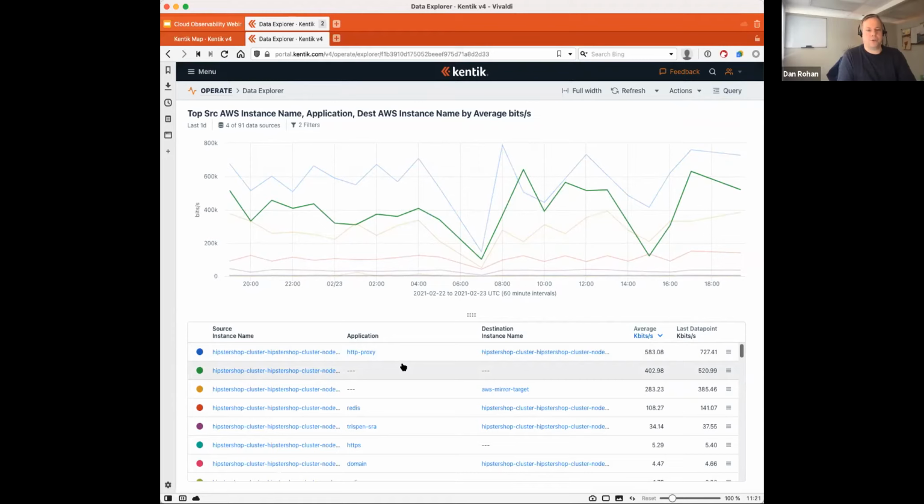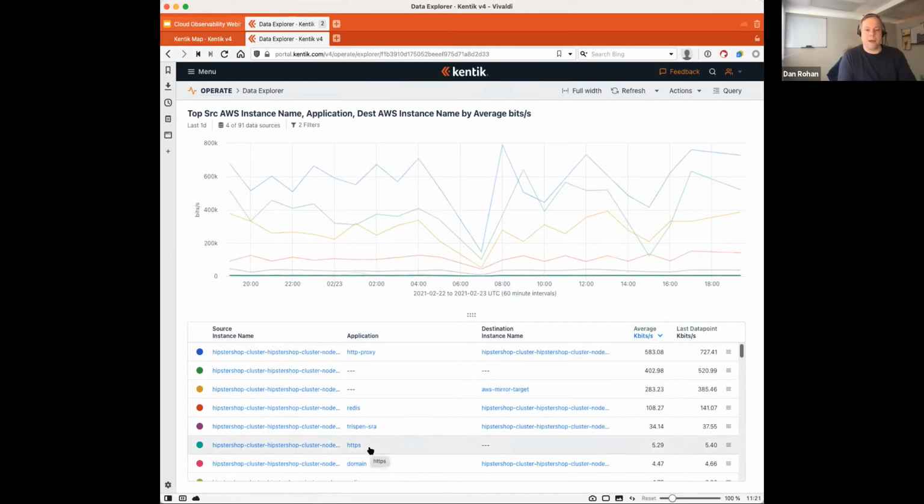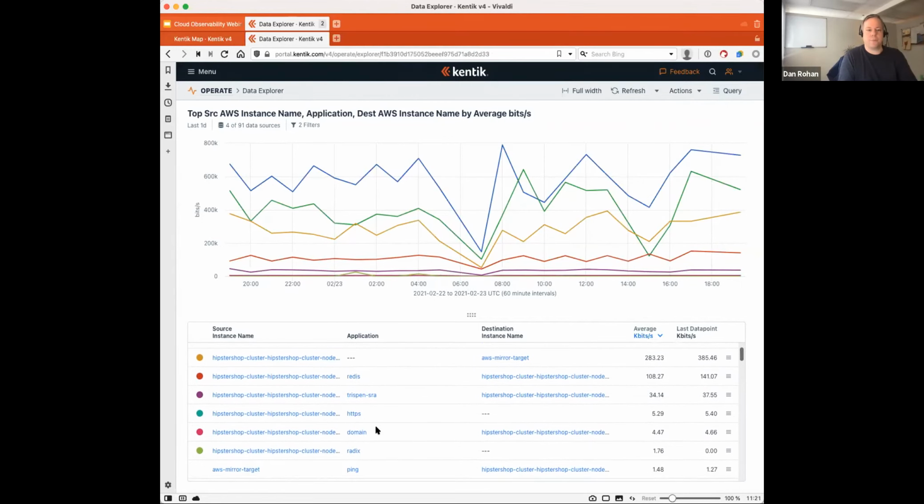All right, so this shows us the instance names and the applications that these instances are talking to each other with. And that tells us a bit more to the story. We can see now that this is our Kubernetes cluster nodes talking to each other, mostly via HTTP proxy to other nodes.